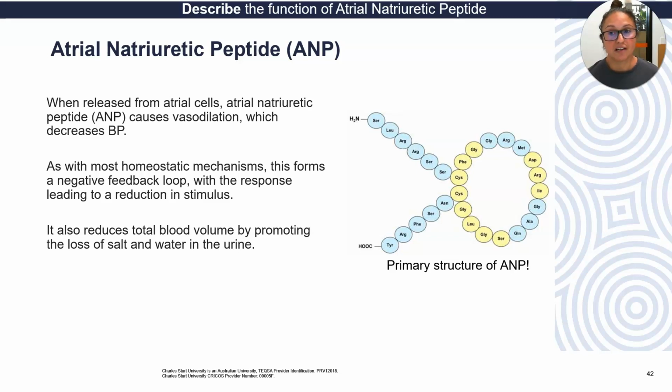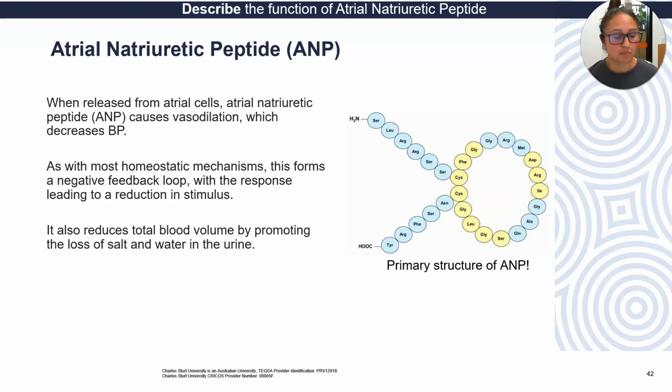It floats around in your blood and then it causes vasodilation, so it's going to decrease your blood pressure. And again, it's a negative feedback loop.